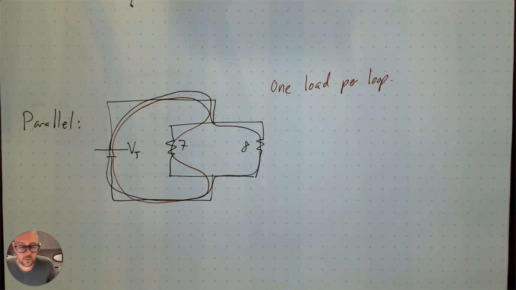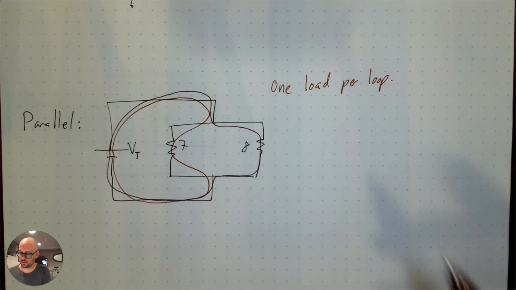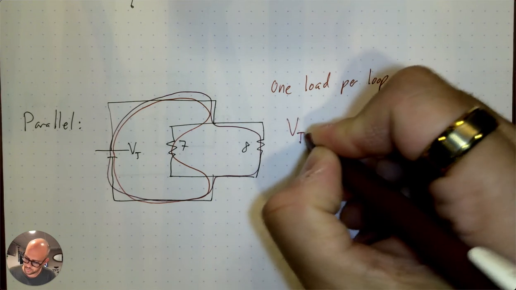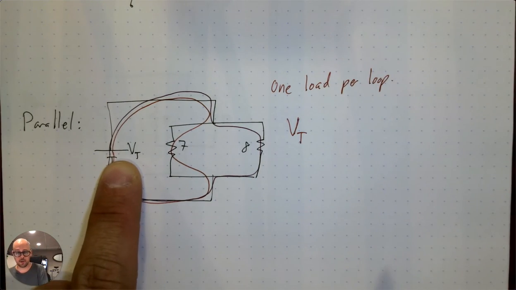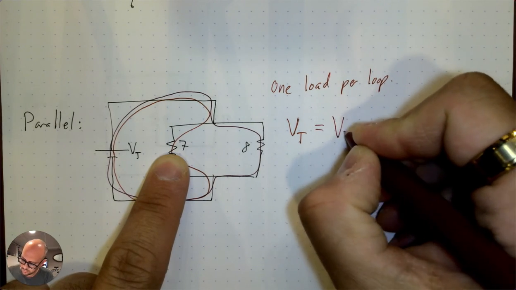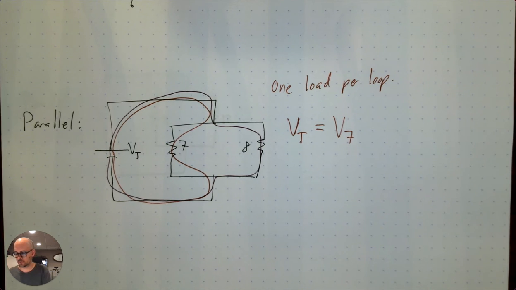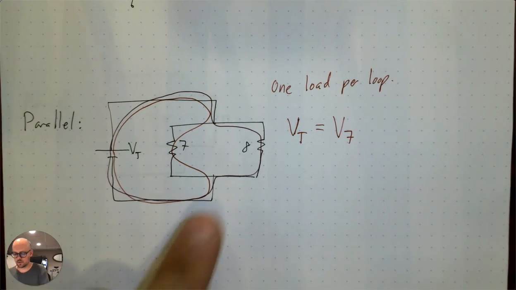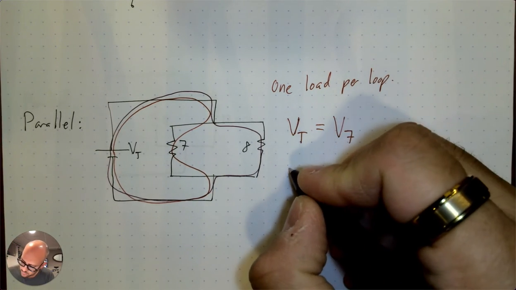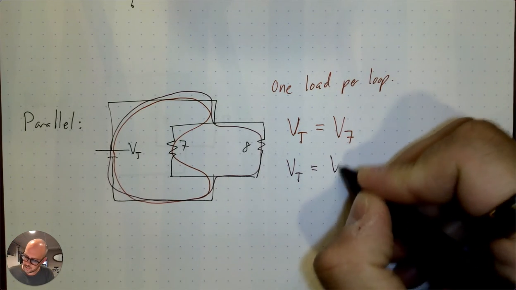Okay, so I have to write an equation. The voltage across the battery must equal the voltage across the remainder of the circuit. So I can say the total voltage is the voltage across the battery. For this red loop, there's only a single thing on that loop, and so the total voltage has to equal the voltage across 7. I have a second loop, same battery, but this time the loop involves 8.